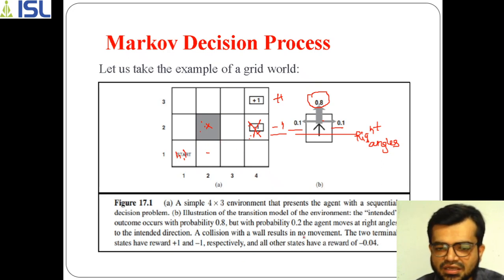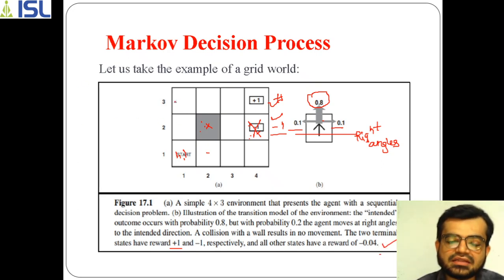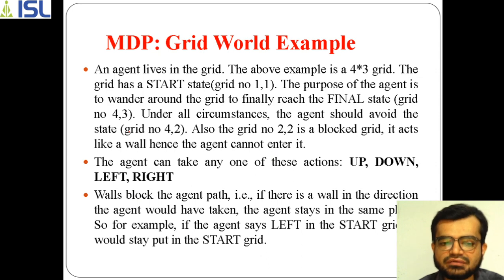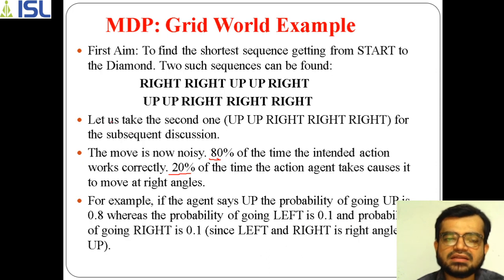If an agent moves to this state, it is rewarded +1, and at this state the agent has to avoid, so -1. All the other states have a reward of -0.04. So the agent has to decide which state and which direction is best suited.